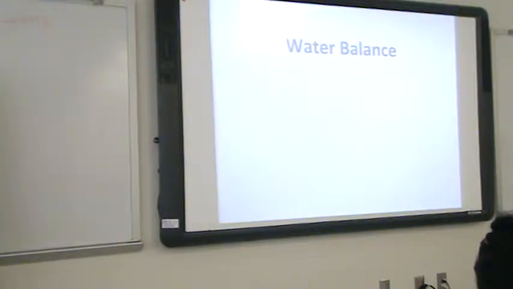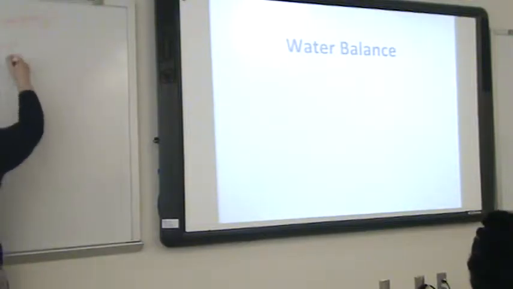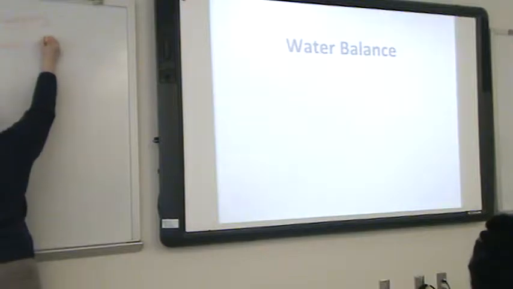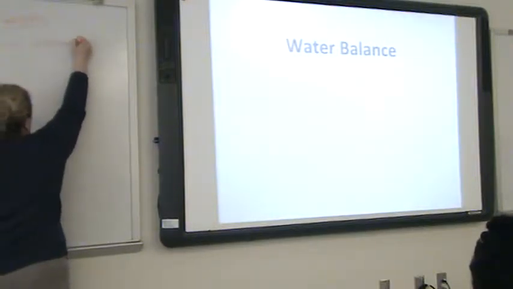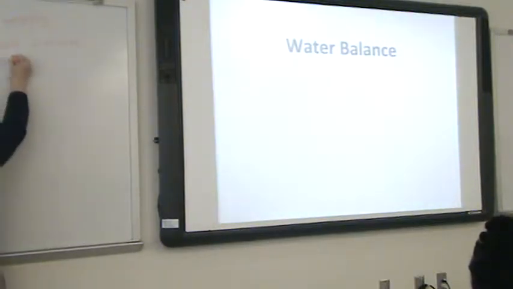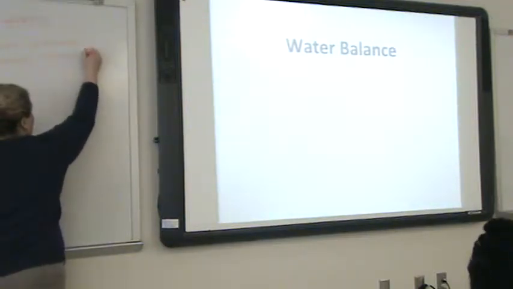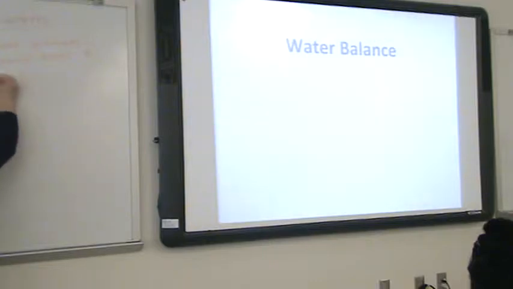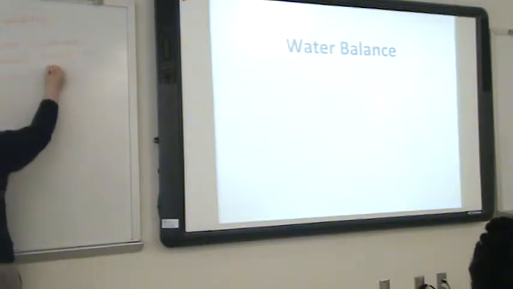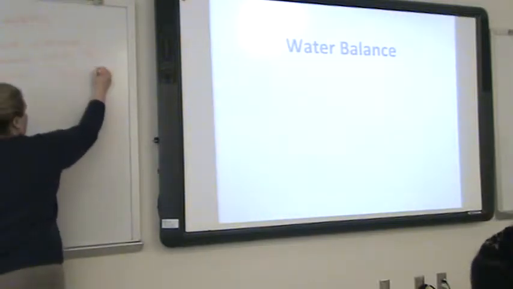So the first key concept, and this is one we talked about a lot, is that water diffuses toward areas that have overall less water.